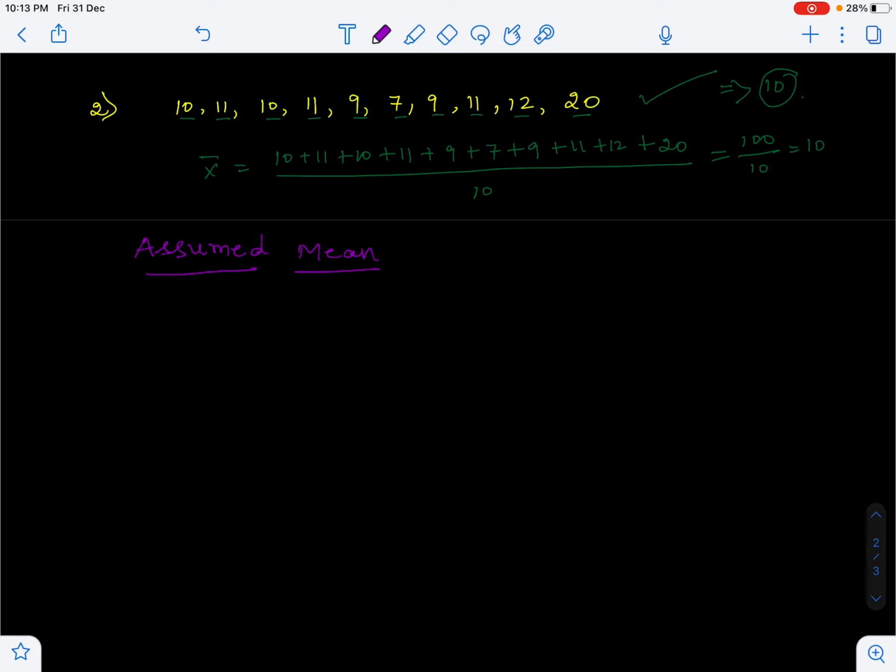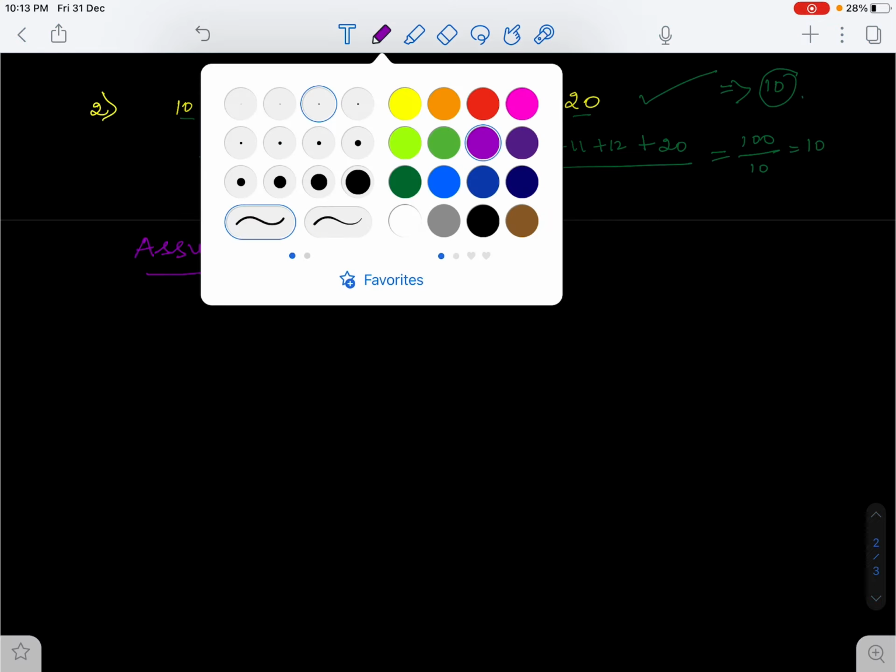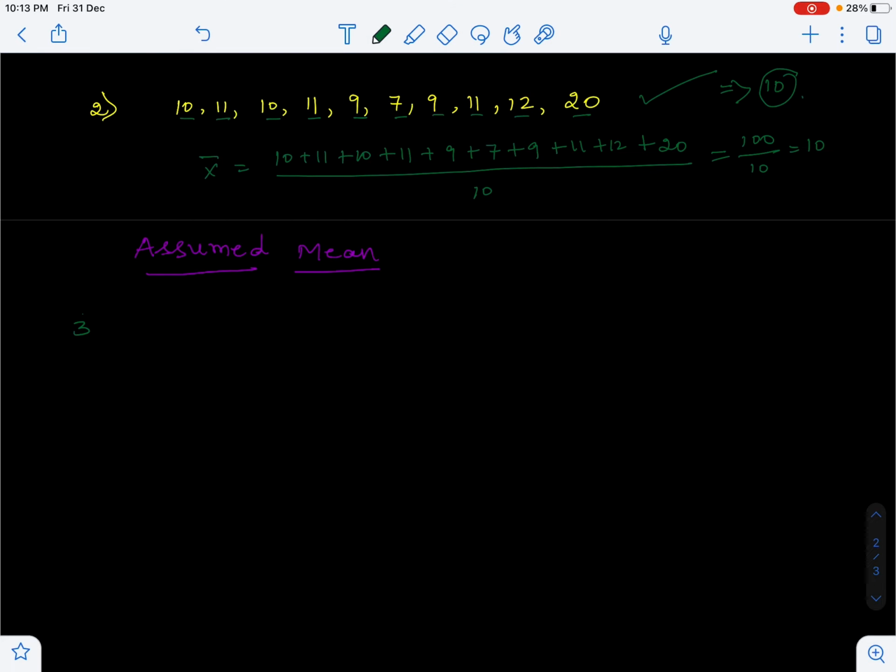Suppose we have a set of observations, for example 18, 20, 21, 19, 28, 22, 29, 30, 31, 35.